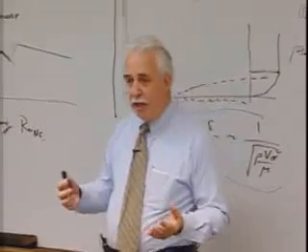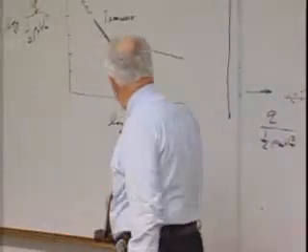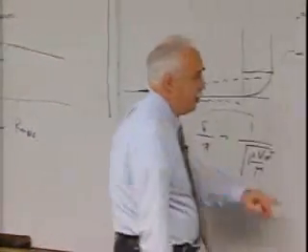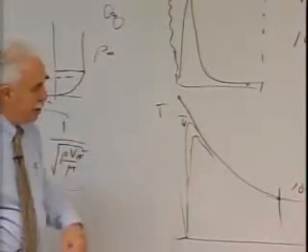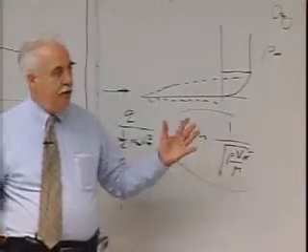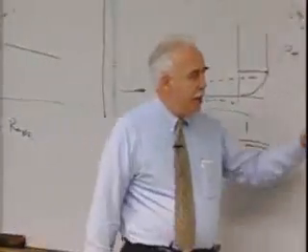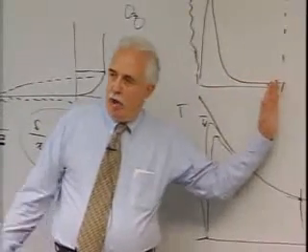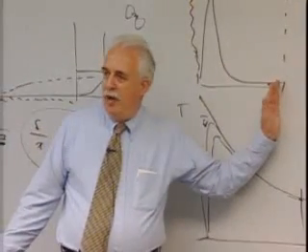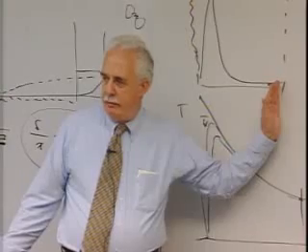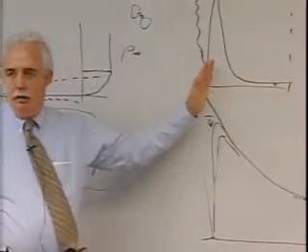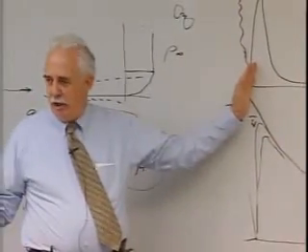There was a lot of work back in the early Apollo days in terms of coupling between different modes of vibration and electronic excitation. It's a pretty complex problem. But coming to equilibrium is where we get our reaction rates for high temperature gases. Coming back here, we're not close to equilibrium.